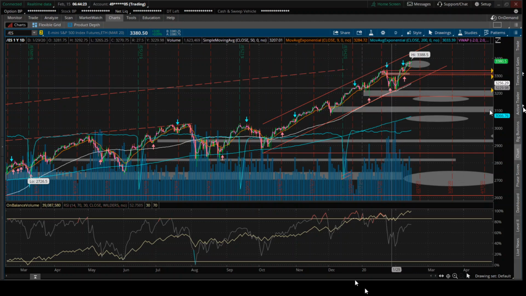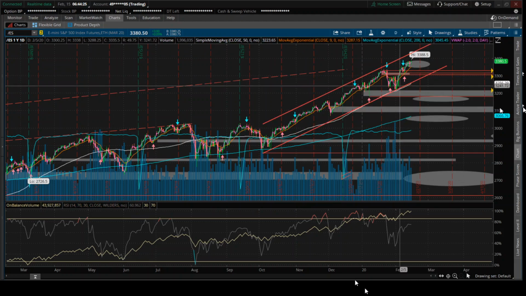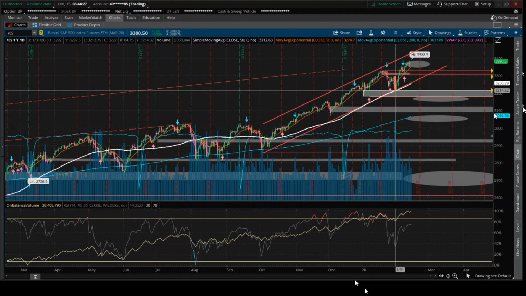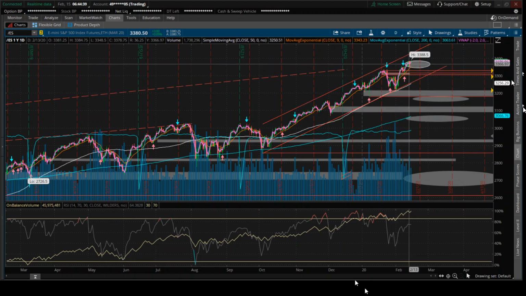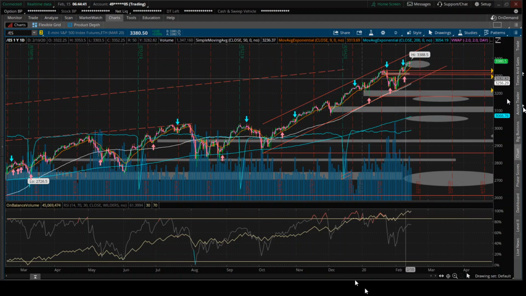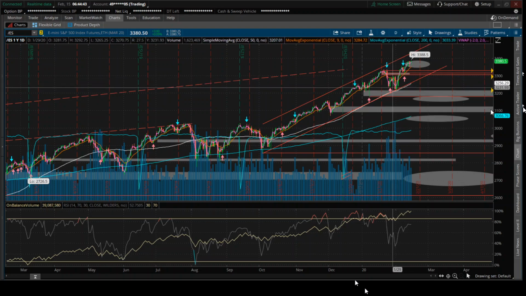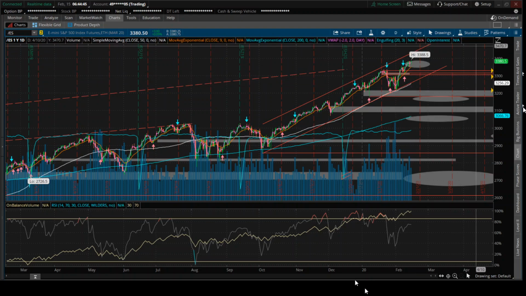So I didn't take a long position when we tapped down into this zone, and also this zone is overlapping this channel that the E-mini has been tracking up in. So that really would have been a very good swing trade. But I'm not comfortable with that risk.